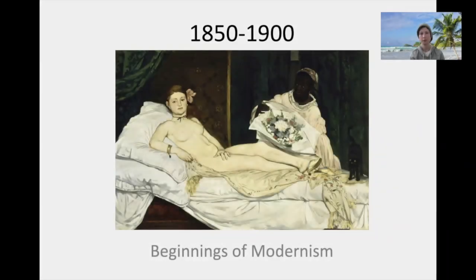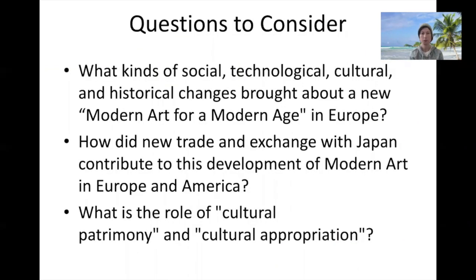All right, so this week we're looking at 1850 to 1900 and talking about the beginnings of modernism. Some of the questions to consider this week. What kinds of social, technological, cultural, and historical changes brought about a new modern art for a new modern age in Europe?